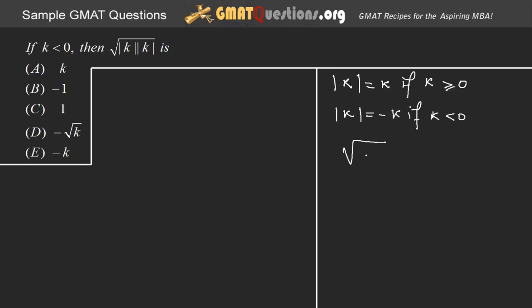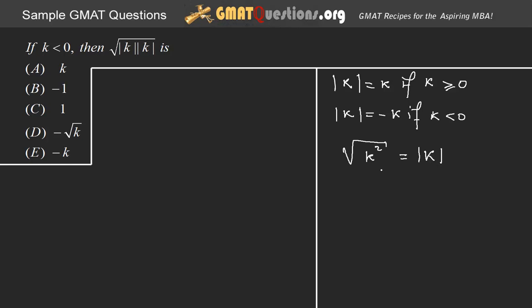If you have the square root of k squared, it is not equal to k. We have to make sure we put the absolute value of k, because when you write k alone, we're not sure if k is positive or negative.